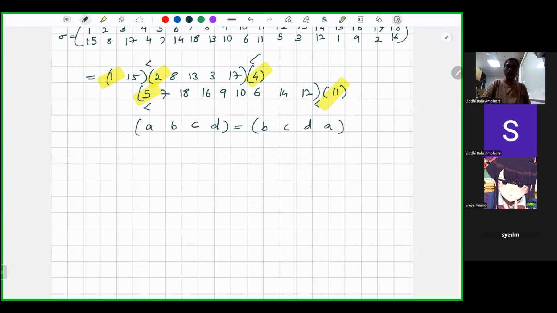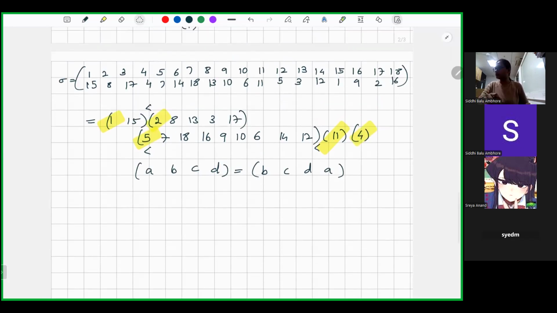Okay, if I remove this 4 from here and place it here, then this is not my canonical representation. It is another cycle decomposition for this sigma, but it is not the canonical cycle decomposition.